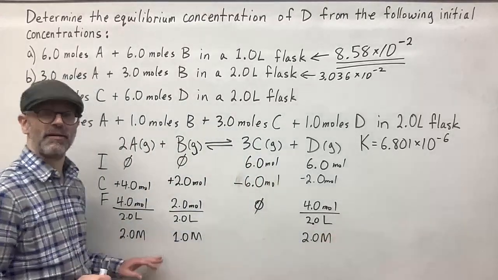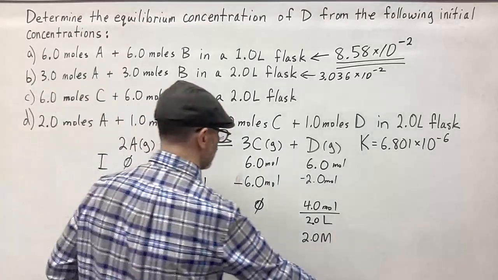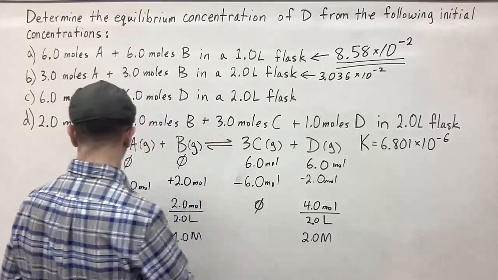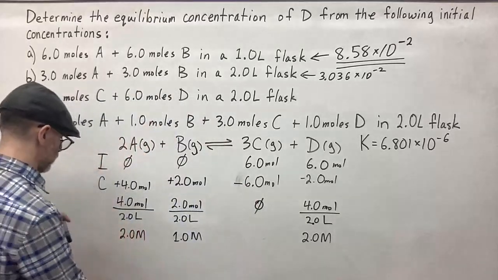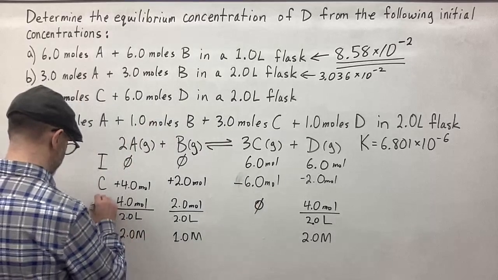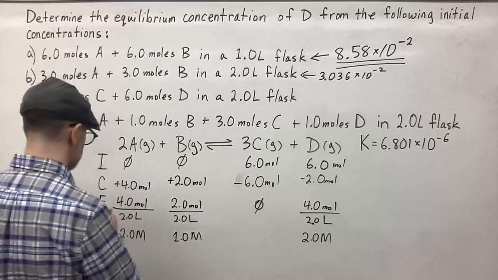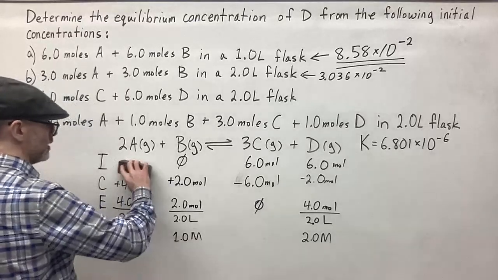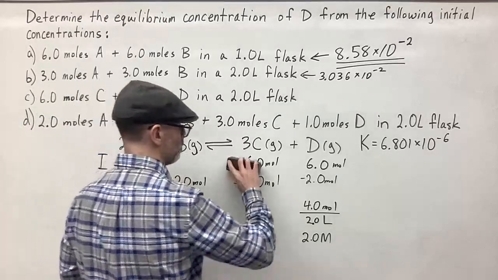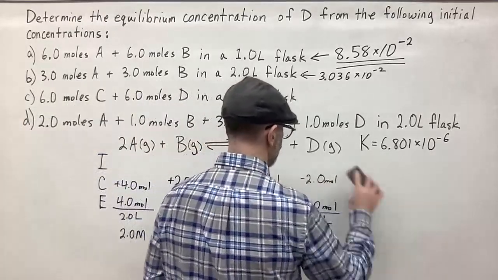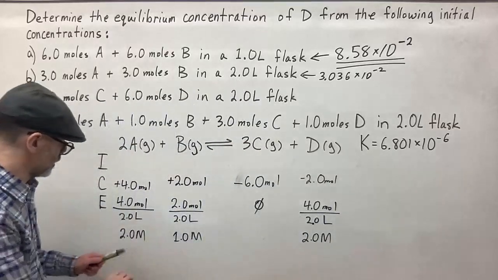So now that I have everything in molarity, I can go back to my table here, and I'm going to do an ICE table now. So let's change this up a little bit. I'm going to erase the initial and replace this with the concentrations that I just calculated.